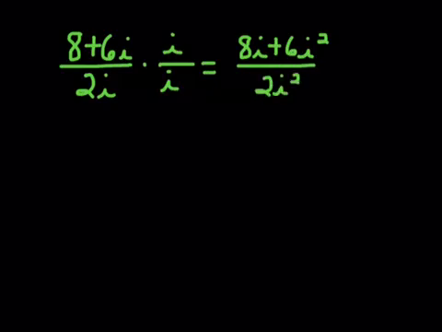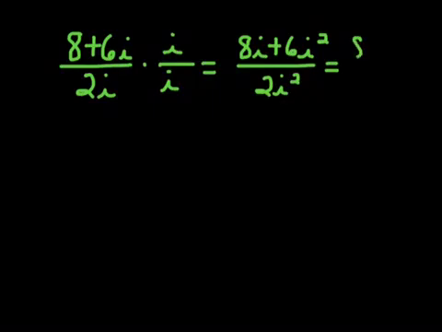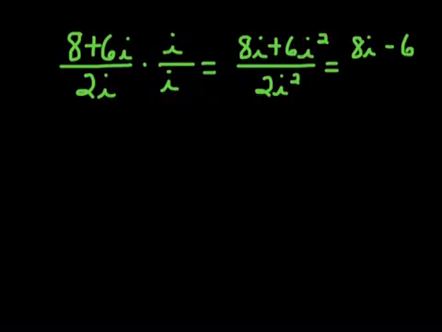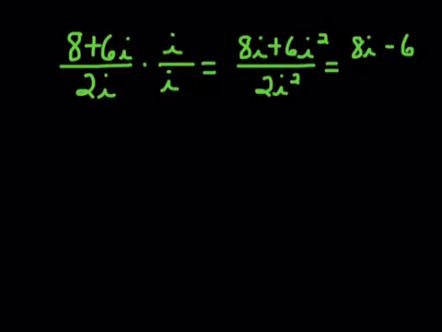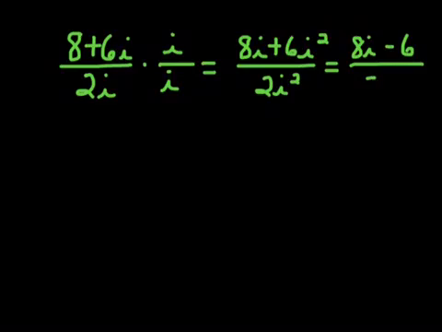Now let's simplify those i squareds. 8i minus 6, because the plus 6 gets multiplied by the i squared. i squared is negative 1, making that a negative 6. And then the bottom is 2 times negative 1, negative 2.